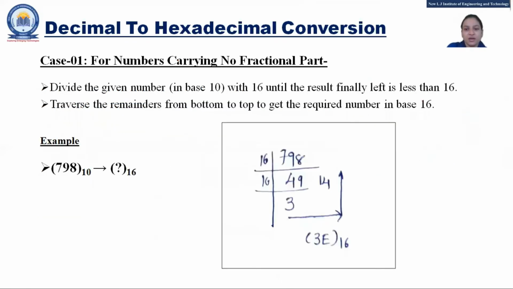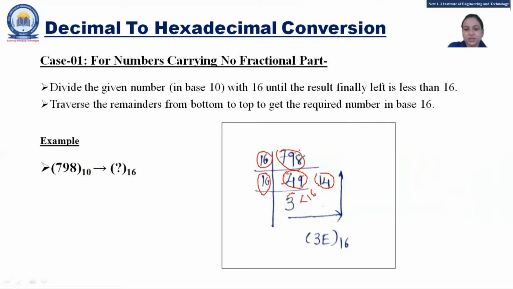Now how we can convert our decimal number into the hexadecimal equivalent. So again, as with the other case, we have to divide our given decimal number with the 16. When 798 is divided by the 16, we get the quotient 49 and the remainder is 14. Now again this number is divided with the 16, we get the remainder 3 now, which is less than 16.